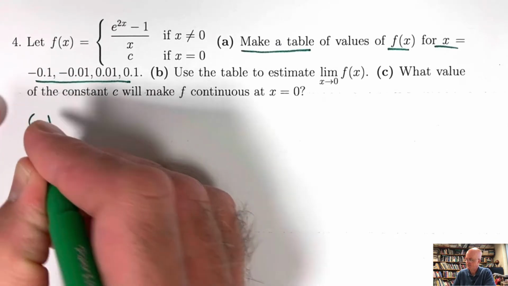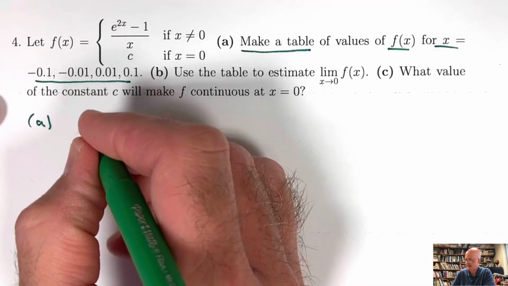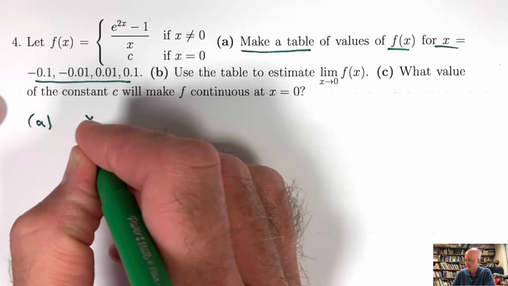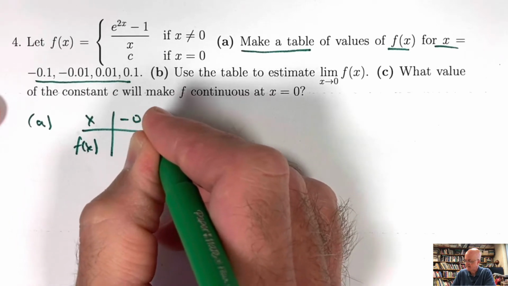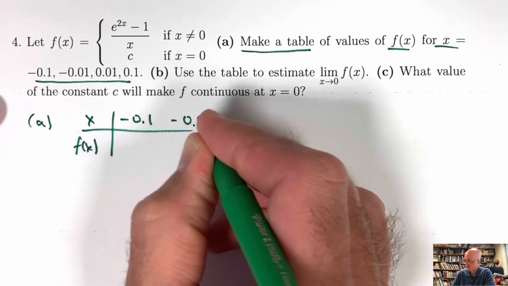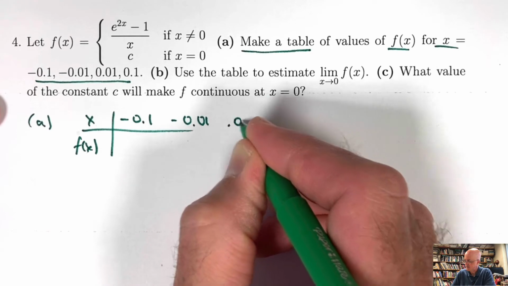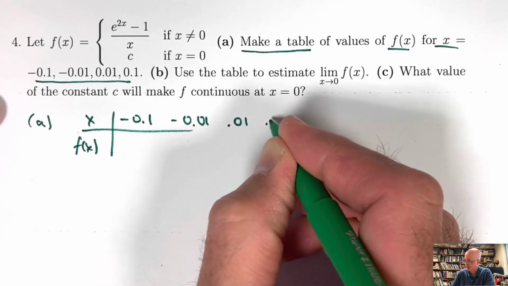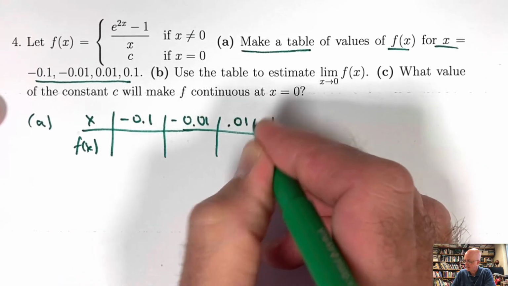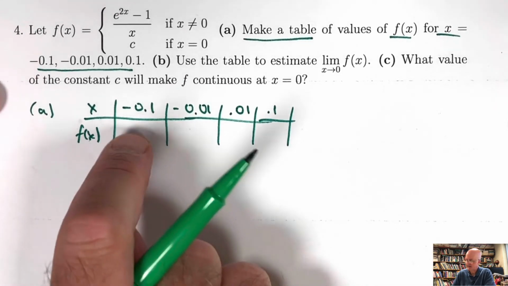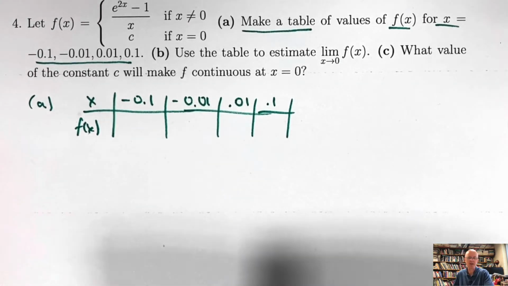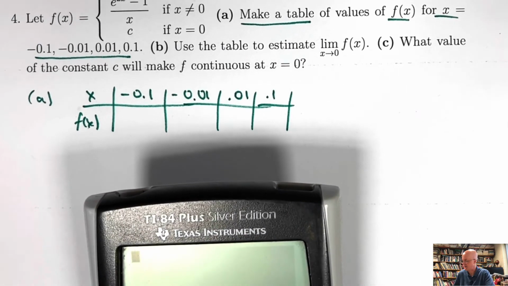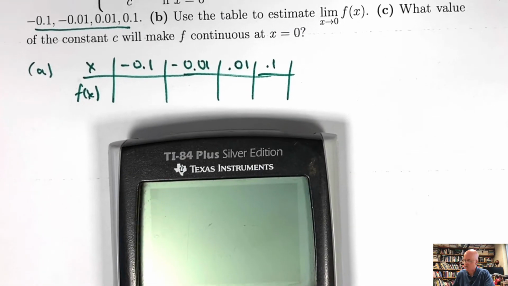So in part A, we'll go ahead and write down a little table on the paper here for these values of x: negative 0.1, negative 0.01, positive 0.01, and positive 0.1. I'll go ahead and do, say, this one with a calculator by plugging numbers in, but then we'll use the graphing feature where we can actually make a table as well to do it more quickly.